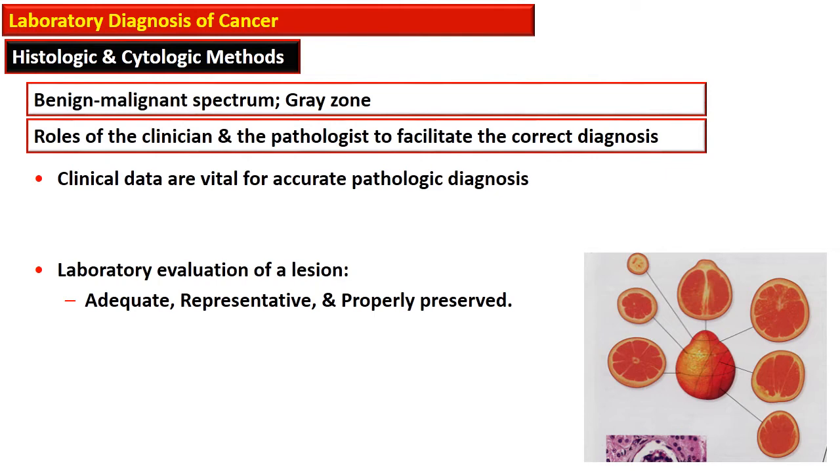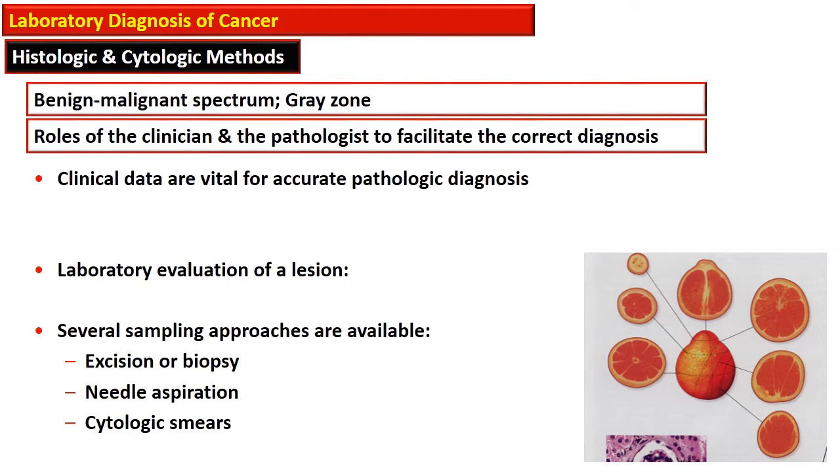So a three-dimensional view or a holistic approach to the lesion should be communicated to the clinician by the pathologist, and it is the duty of the clinician to communicate all the available data, and there is no role for gimmicks or hiding any information related to the patient's lesion.